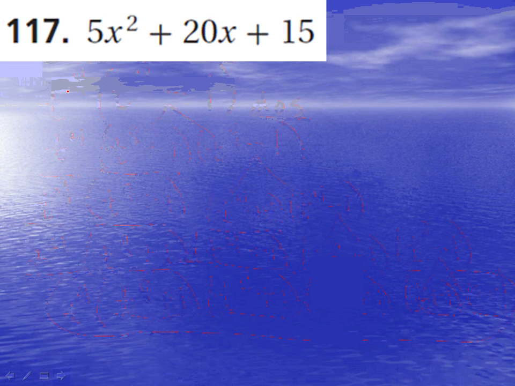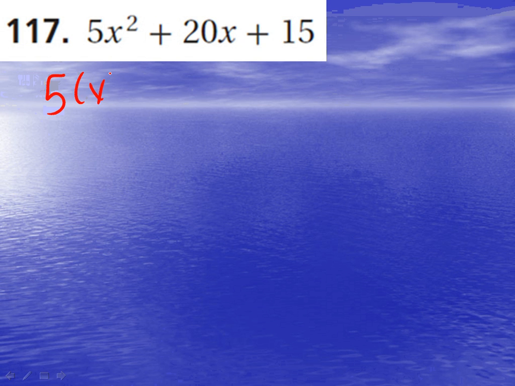Number 117, I noticed there is a greatest common factor, so I'm taking out a 5. There's no number in front, so this is a very simple factoring problem. Multiply to get negative 3 and add to get 4.